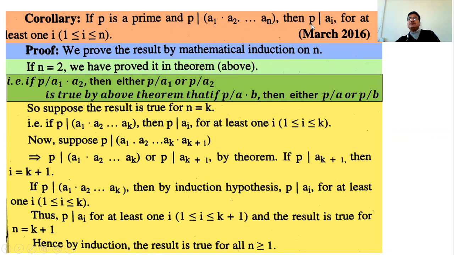That is, we have to prove that P divides Ai for at least one i from 1 to N.